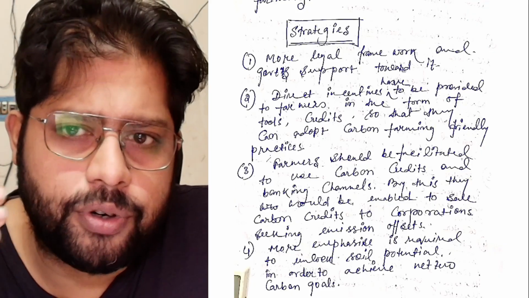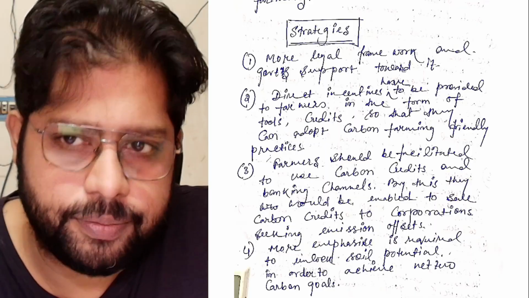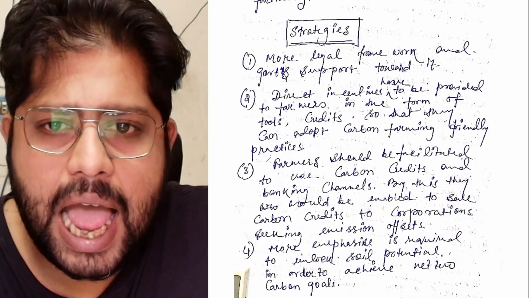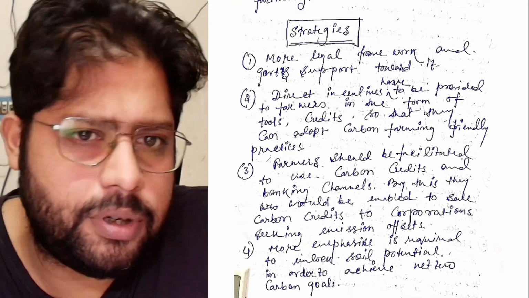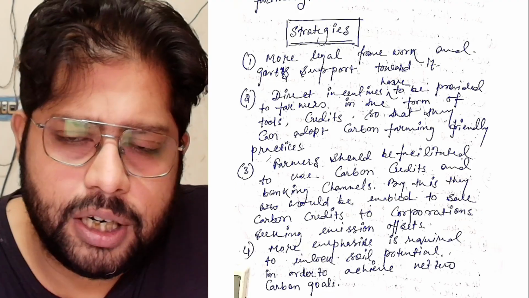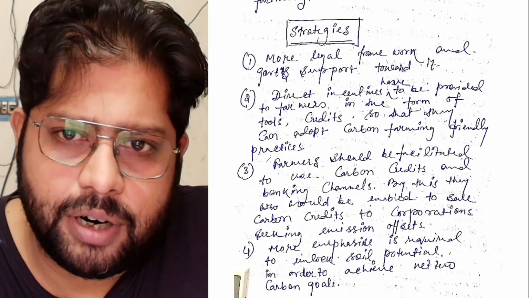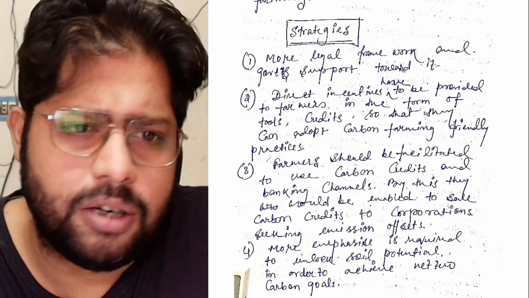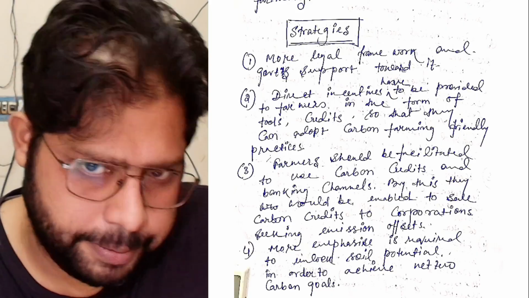We have to go for a legal framework established by government, and government support is also required, because if the government does not give you the required seeds, fertilizer, initial cost, etc., then it will be difficult for you to do carbon farming.